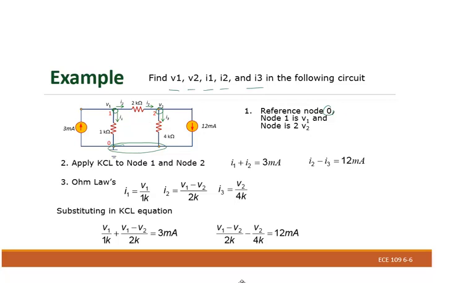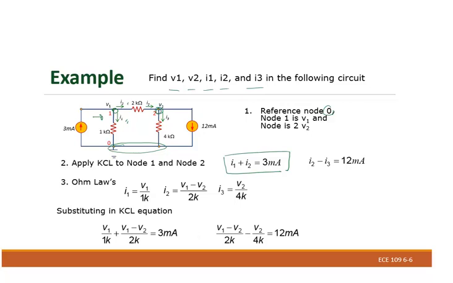Step 2, we write KCL for each node. At node 1, 3 milliamperes is going in, which equals I1 plus I2, because those are going out. So the first equation is I1 plus I2 equals 3 milliamperes.